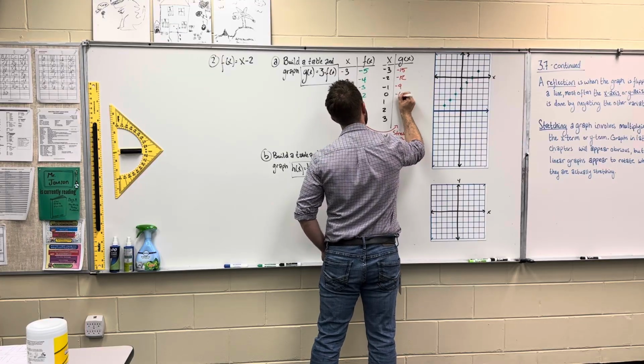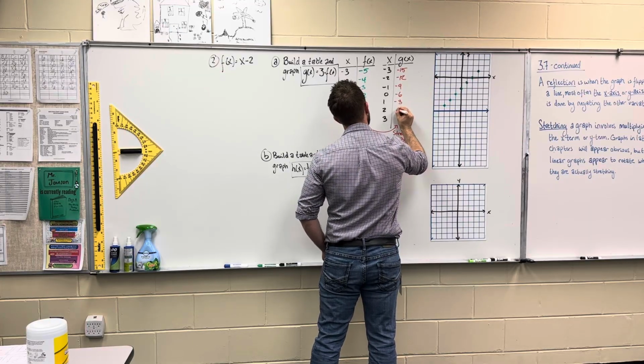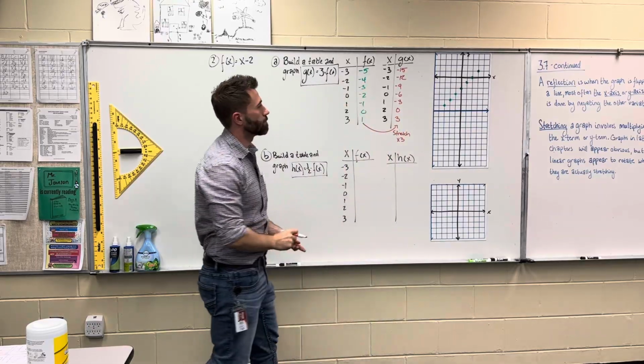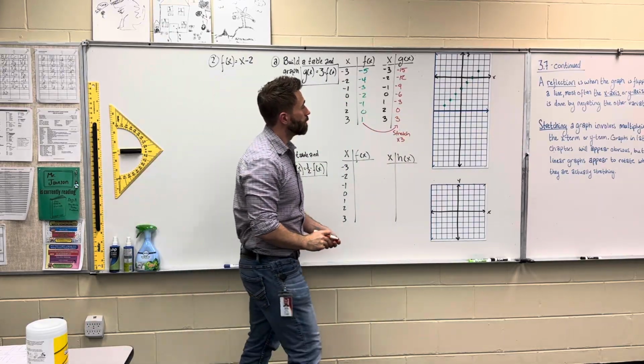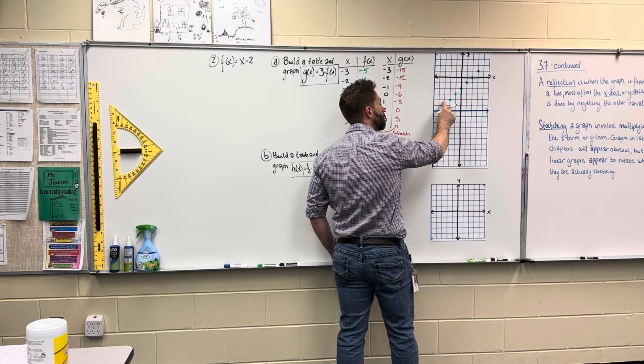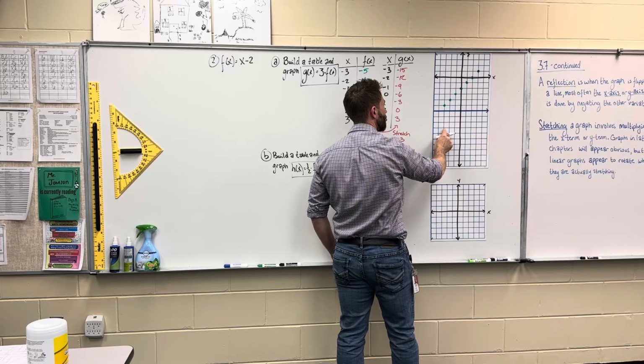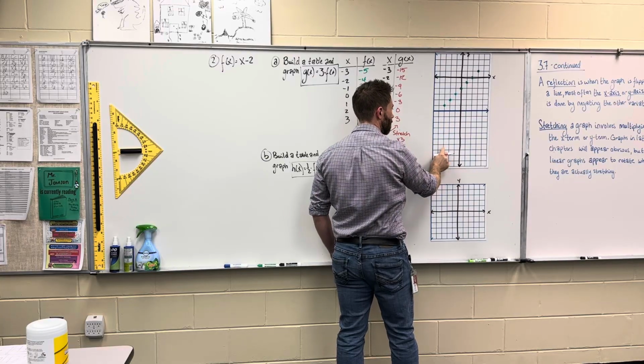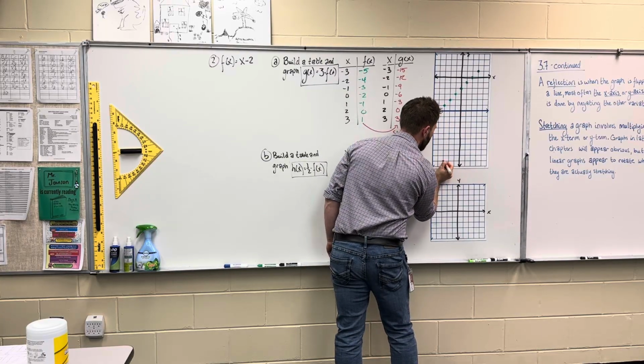That's a -9, -6, -3, 0, and 3. So let's see what happens here. So what was a distance of 5 now becomes 15.